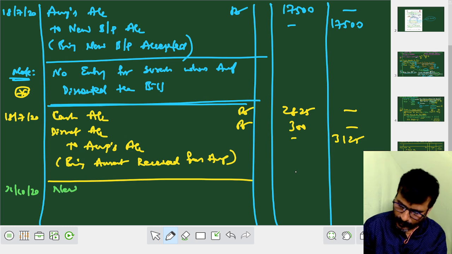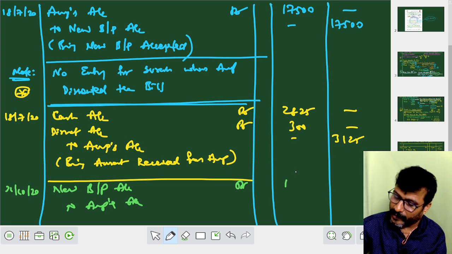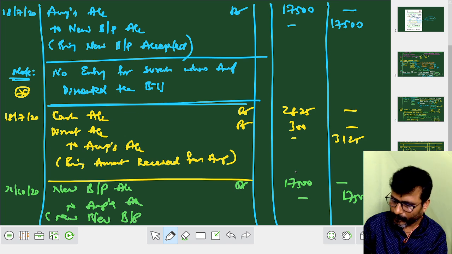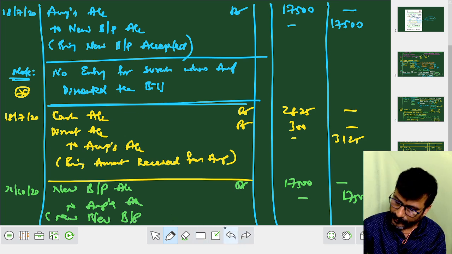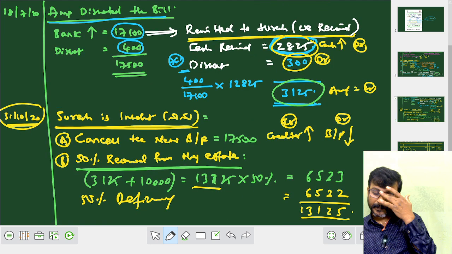New bills payable account debit to Anup's account. What is the bill amount? 17500, being new BP cancelled. Okay, fine. After this, what happened?